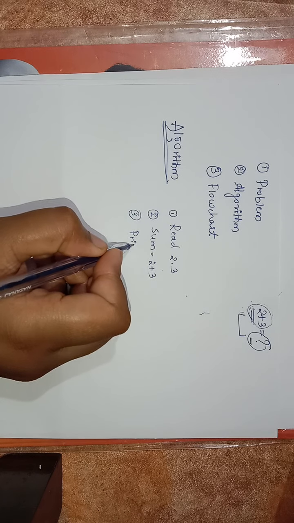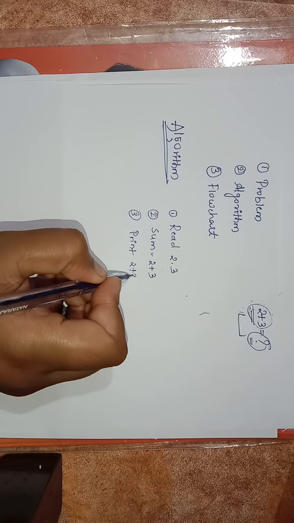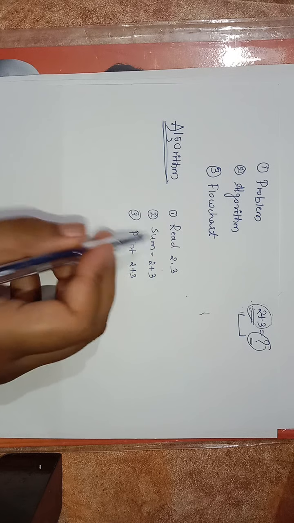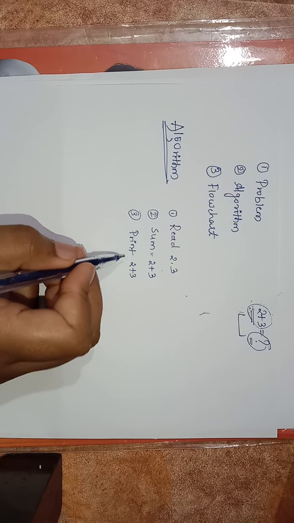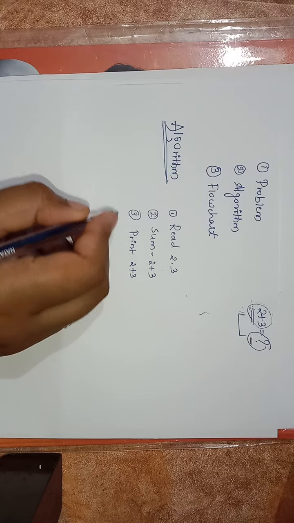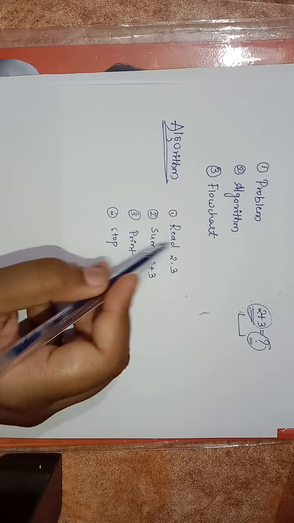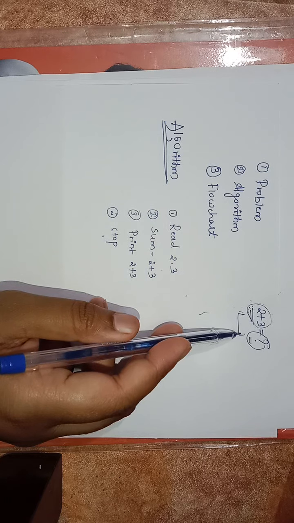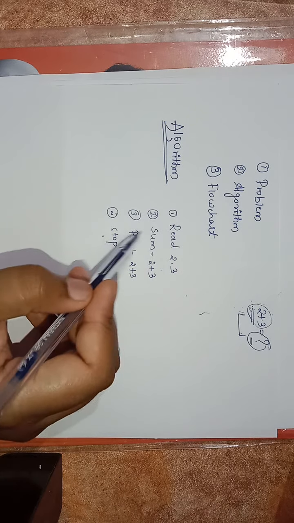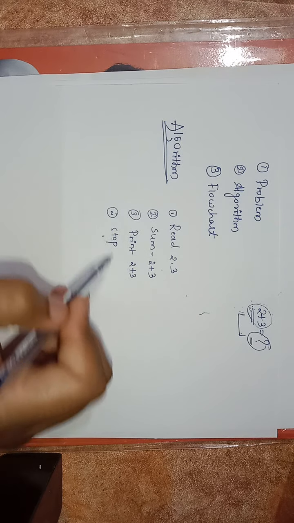Print 2 plus 3, meaning give me the answer. The output device will print it, and at the last, stop the program. So this is one algorithm of this problem. Totally we have 4 steps.